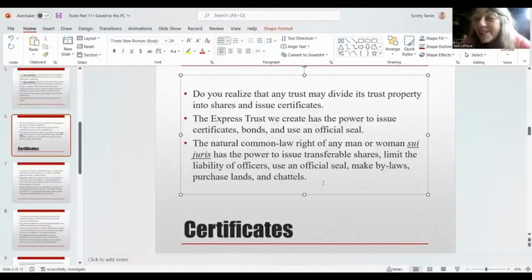Okay, so this is one thing that everybody's really wondering about. An express trust is actually what all these corporations are basically using, all these billionaires and stuff like that. Do you think they're just creating a little tiny revocable trust, irrevocable trust, worrying about their little tiny assets? No, they're not.